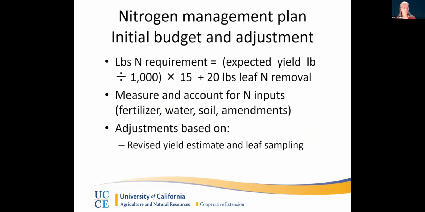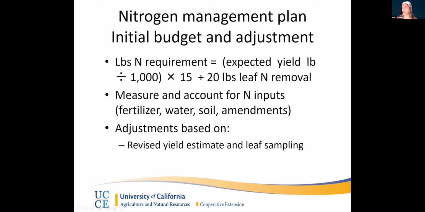Okay, so in terms of determining that nitrogen management plan, again, you want to think about what your expected yield is going to be, and you're going to multiply that by a factor of 15, so 15 pounds exported. And then these studies have found that about 20 pounds of leaf nitrogen is removed when the leaf senesces.